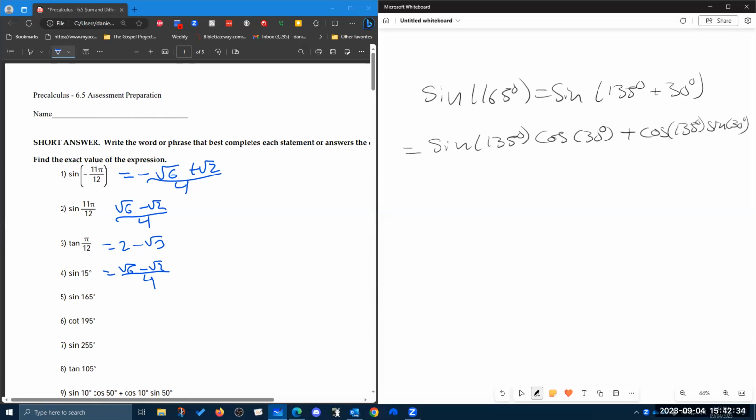Sine 135 is root 2 over 2. Cosine 135 is negative root 2 over 2. Cosine 30 is root 3 over 2. Sine 30 is 1/2. So this is root 6 minus root 2 over 4.